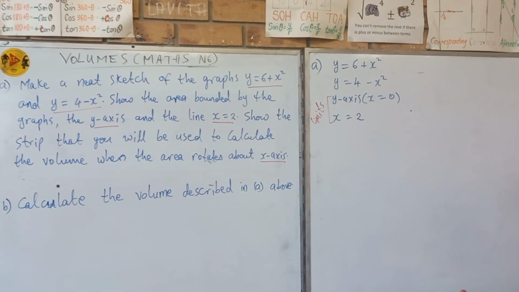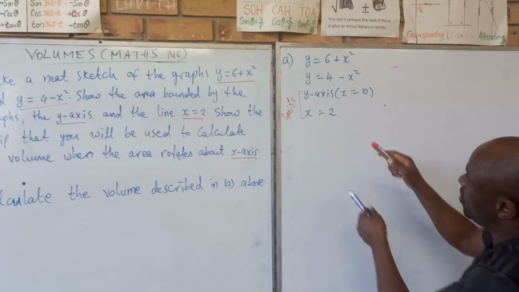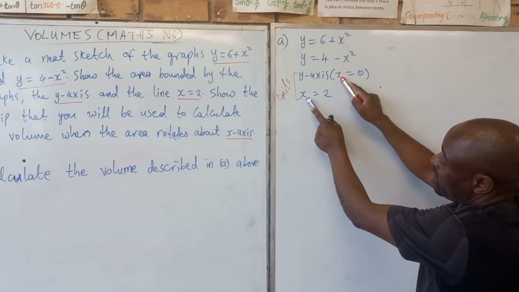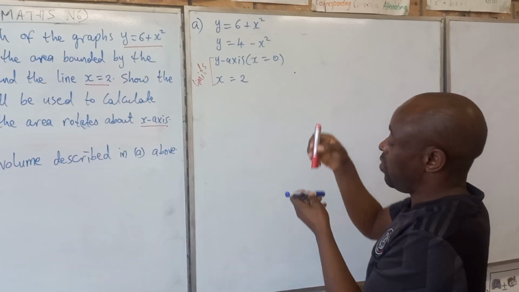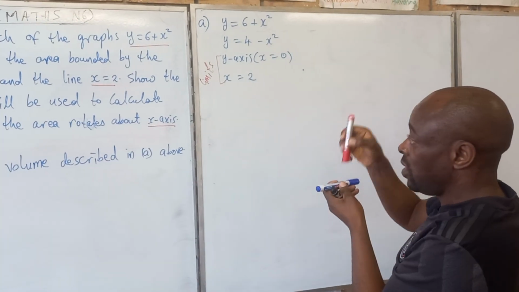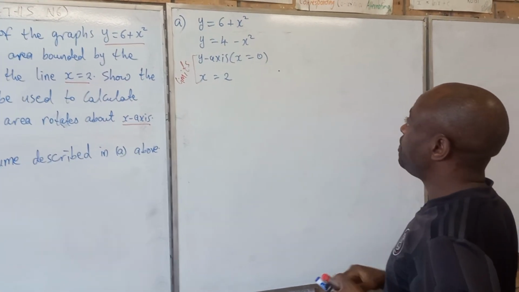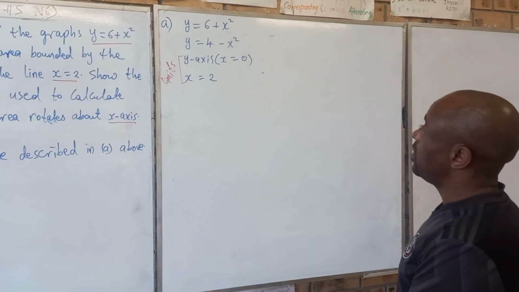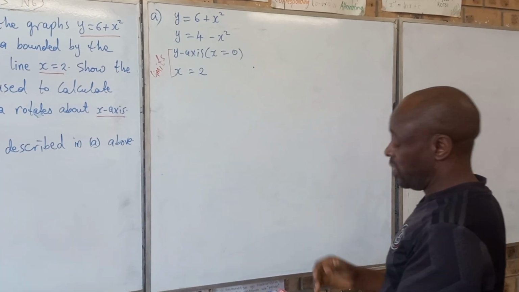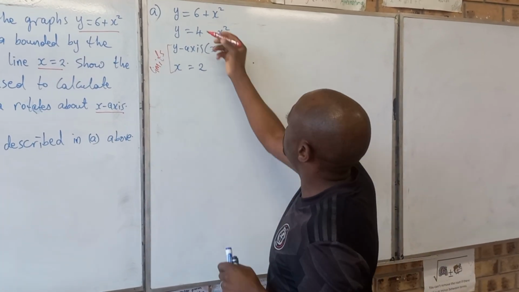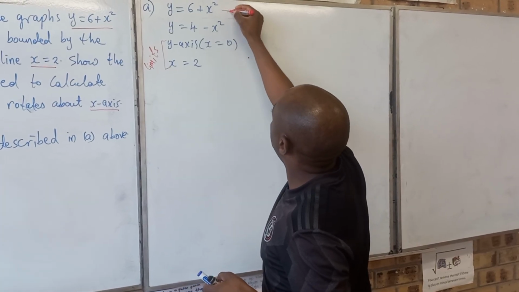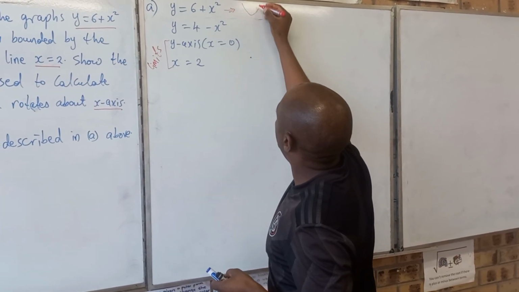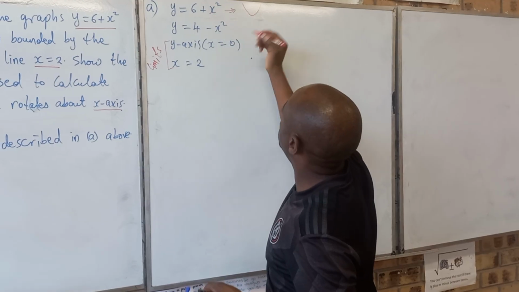Another thing that I pick out from here is that if I happen to be reading my limit from the x-axis, that tells me that my representative strip must touch the x-axis, which is obviously the vertical line. So those 2 graphs are simple graphs if you know their properties. The first one is a parabola with what we call a smiling face, since our a is positive.